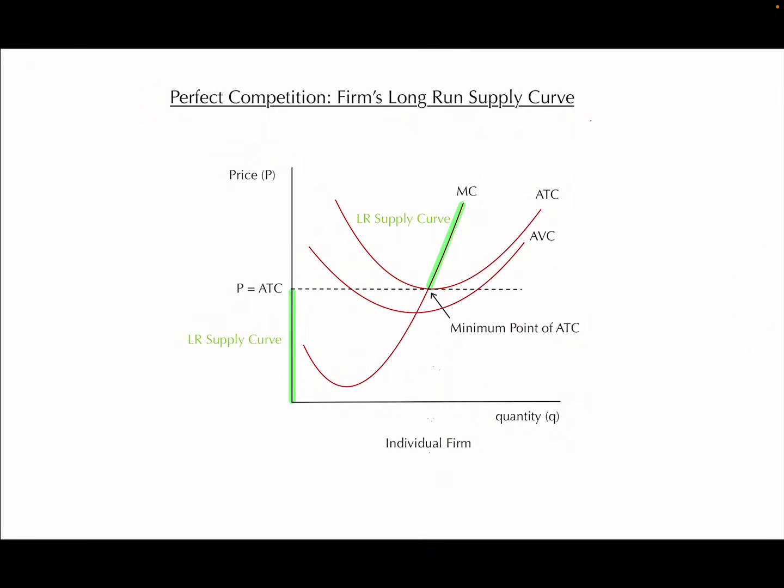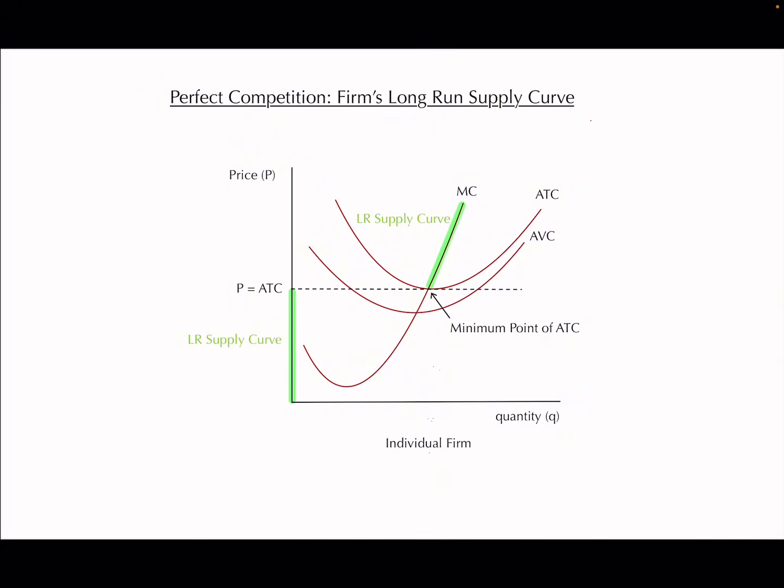Now, you might also see on the left side of the graph where P equals ATC. If you have watched our video on profit maximization for a firm in the long run for perfect competition, you will understand that due to perfect competition's characteristics, such as there being no barriers to enter or exit, and firms being price takers, the price will eventually equal average total cost.